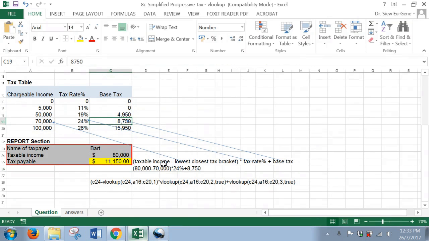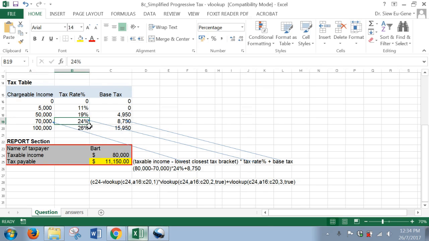To summarize, we are using 3 VLOOKUP formulas to determine the answer. In the first VLOOKUP formula, we are obtaining the chargeable income, and we are going to ask Excel to return the first column of the values. We use this to deduct from the taxable income.